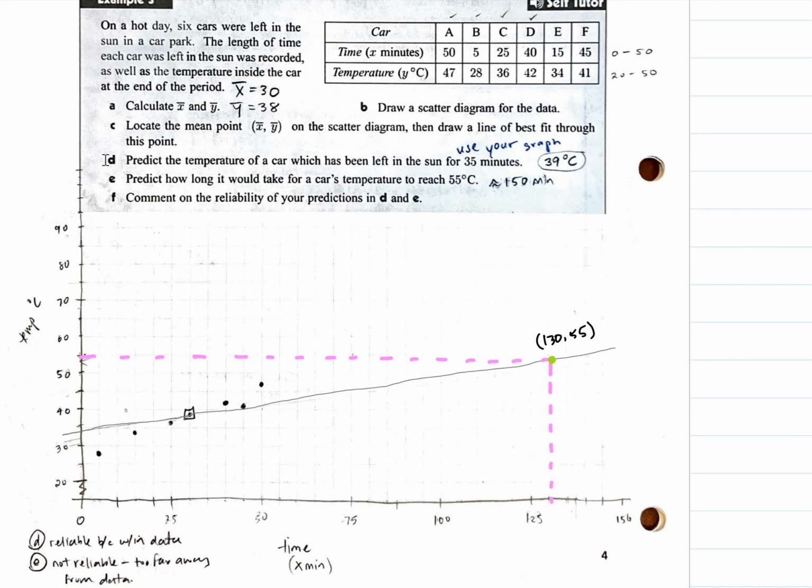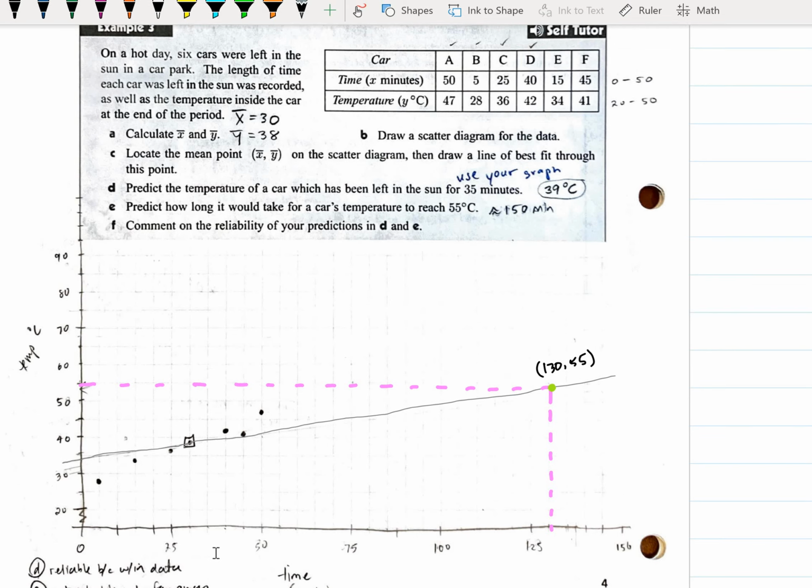So then it asks me, part D, predict the temperature of the car which has been left in the sun for 35 minutes. So using my graph, I'm going to find 35 minutes. This is 20, 30, 35 here. And I trace up and I find this value up here.